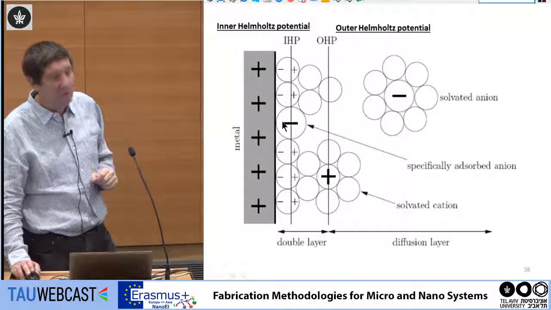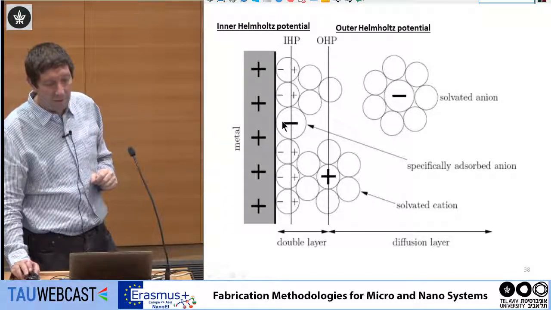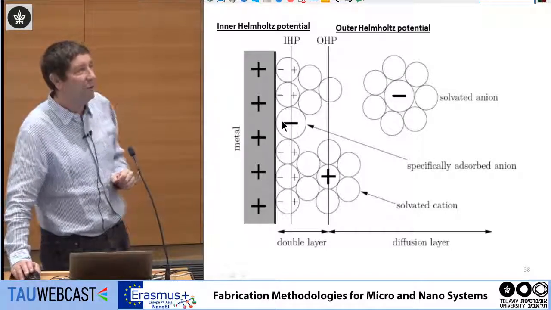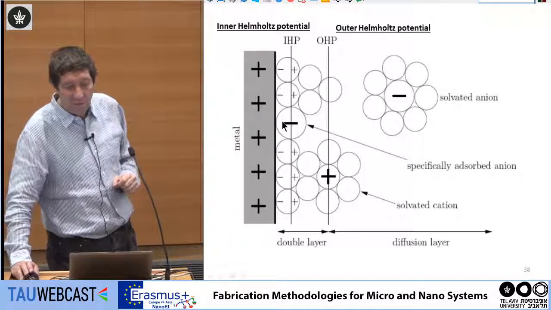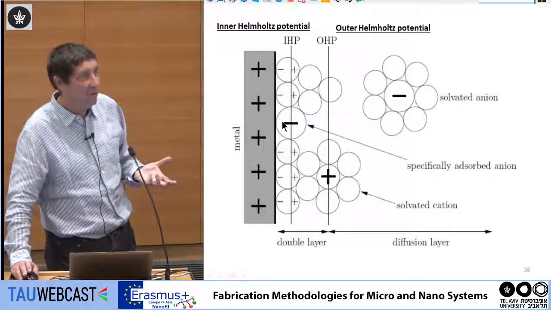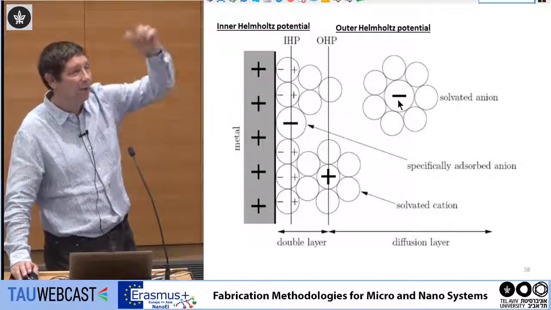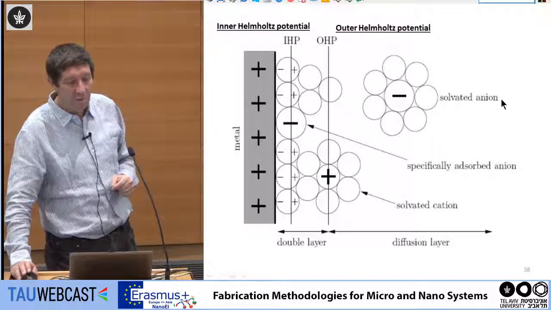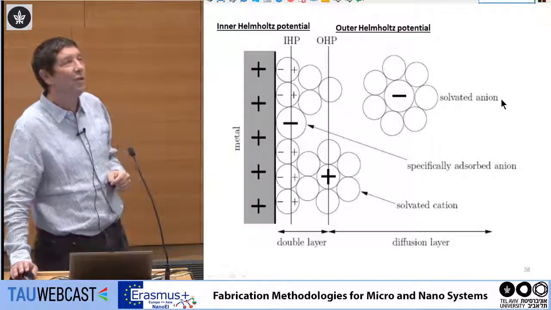And the positive charge will be surrounded by a negative charge. This is called solvation, which means this is an anion, negatively charged, and it's surrounded by an average of positive charge. So the total charge will be approximately zero.